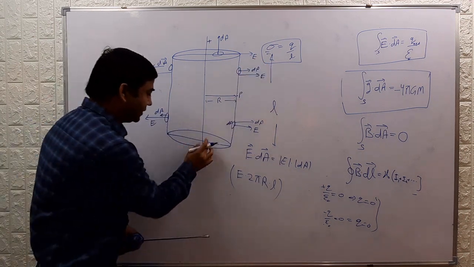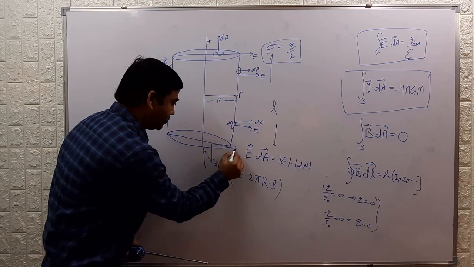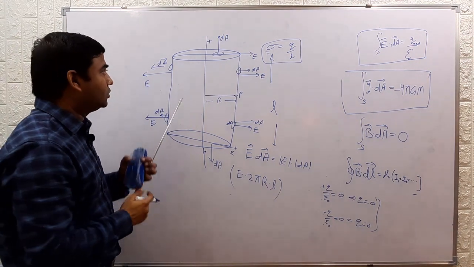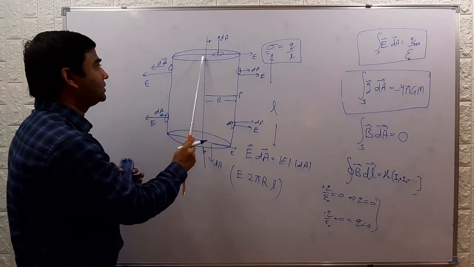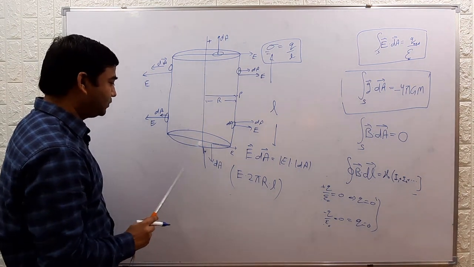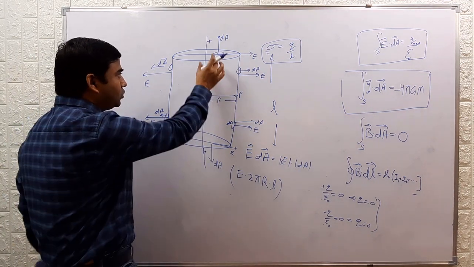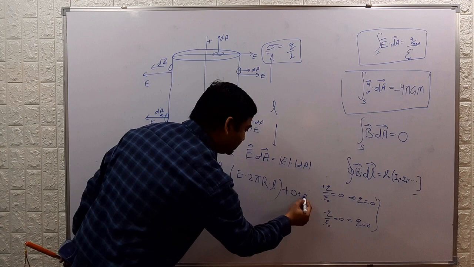So on these flat surfaces, E and dA are perpendicular. So on this flat surface, E dot dA will be 0 at all points. Similarly, on the other flat surface, E dot dA will be 0 at all points. So the dot product over these two surfaces is 0 plus 0.